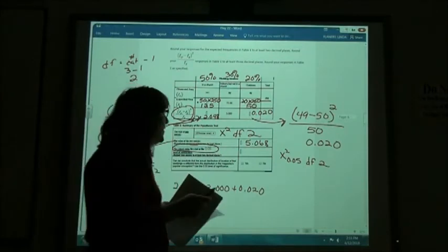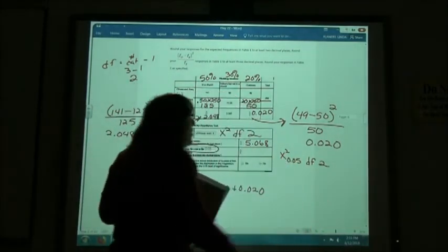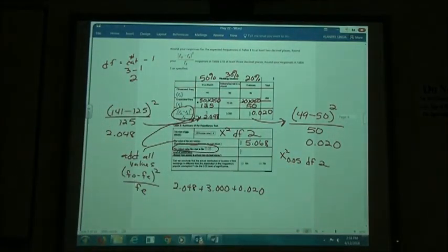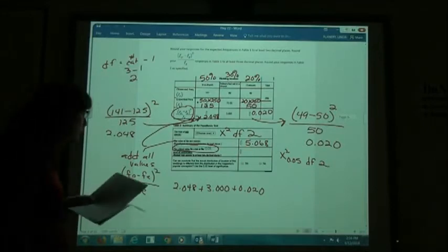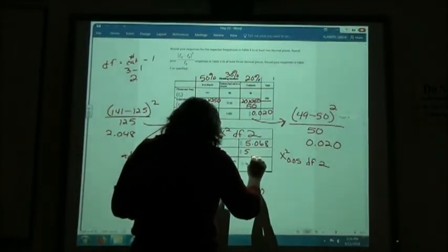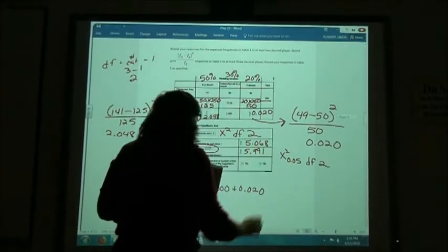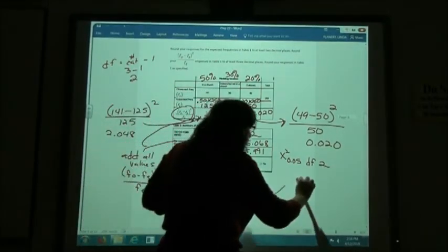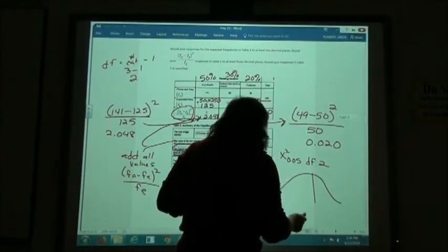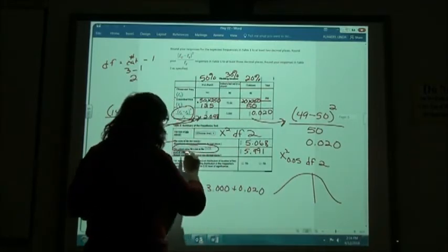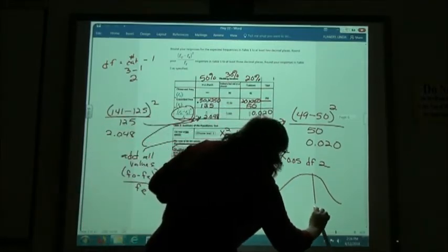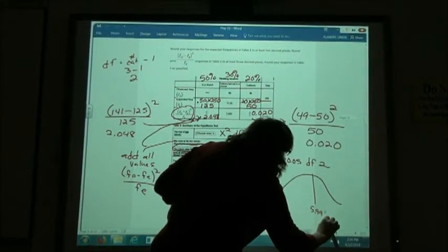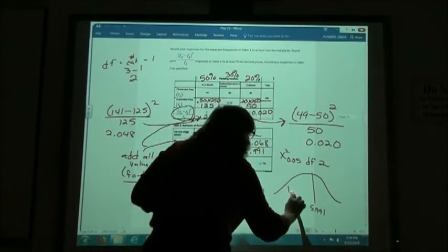If you calculate that out using your calculator, giving you a second to get that punched in, chi-squared at the 0.05 level of significance with a degree of freedom of 2 should give you 5.991. So when I'm testing this one, my critical value is 5.991.